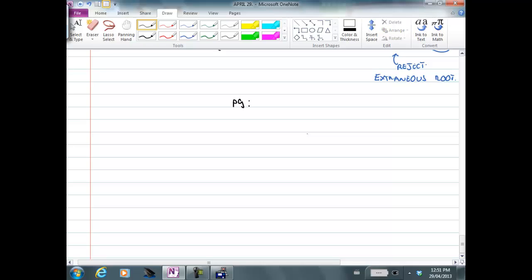Page 465. On the exam, you should be able to do two methods, graphically and algebraically.